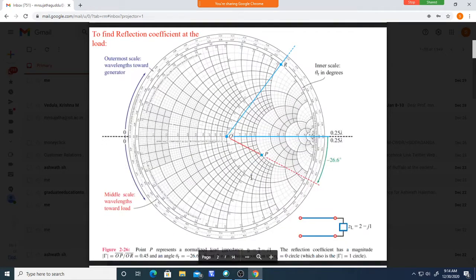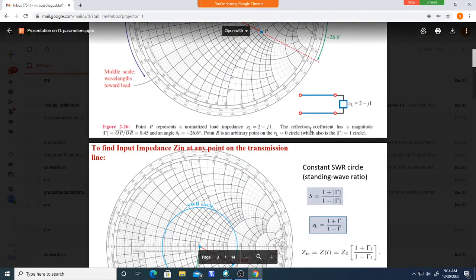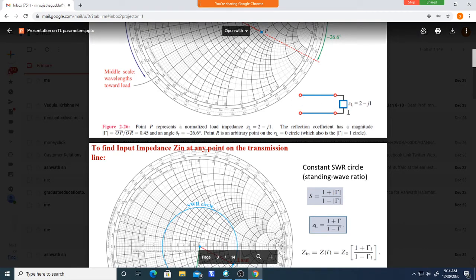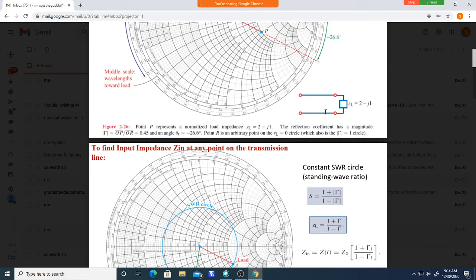So when you treat the interconnect as a transmission line, for example, like this, it is used to connect the source to the load ZL here. There are a lot of parameters when the signal travels over a transmission line and reaches the load ZL.